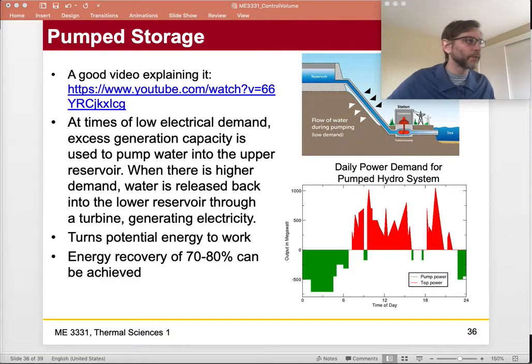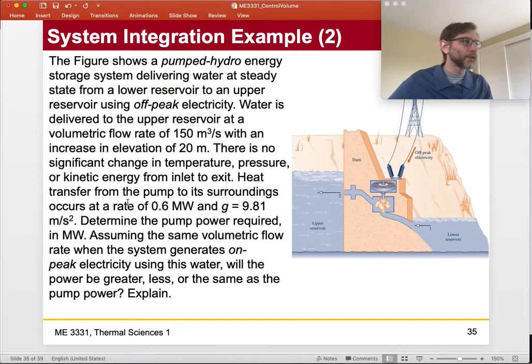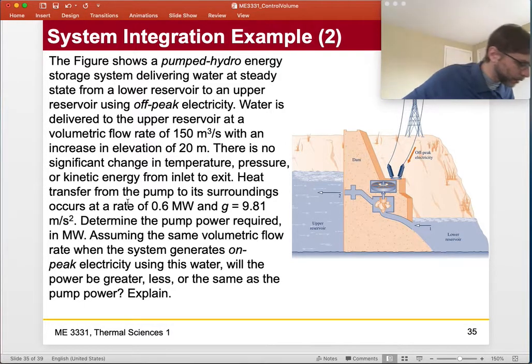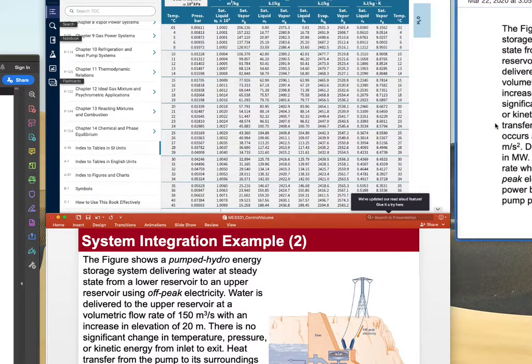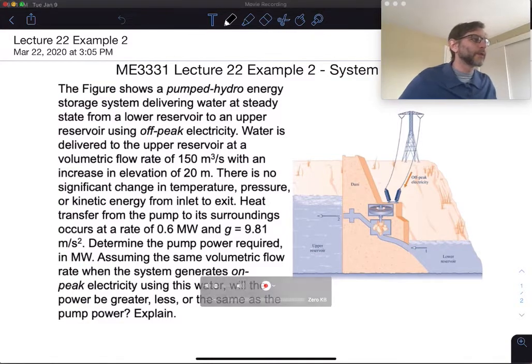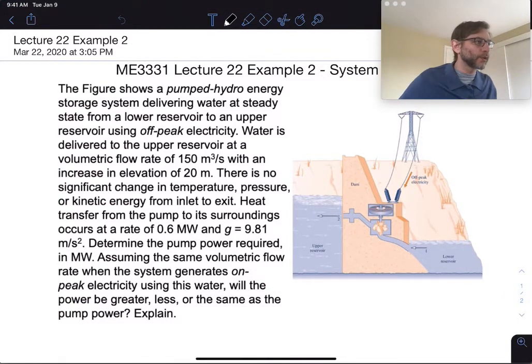Okay, so now let's do this example problem before I run out of time. Here's the example problem. The figure shows a pumped hydro energy storage system delivering water at steady state from a reservoir.